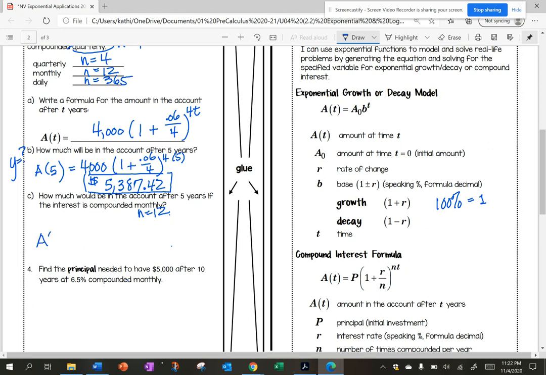So A of 5 equals 4,000 times 1 plus 0.06 divided by 12, to the 12 times 5. So solving, I get $5,395.40.